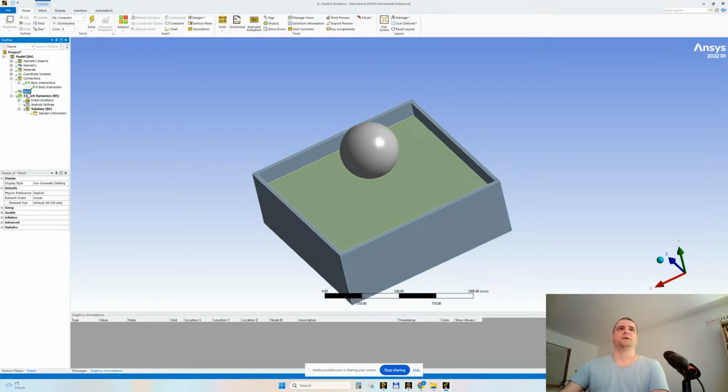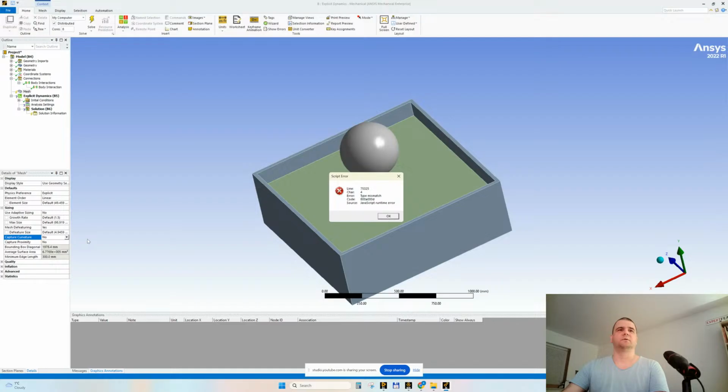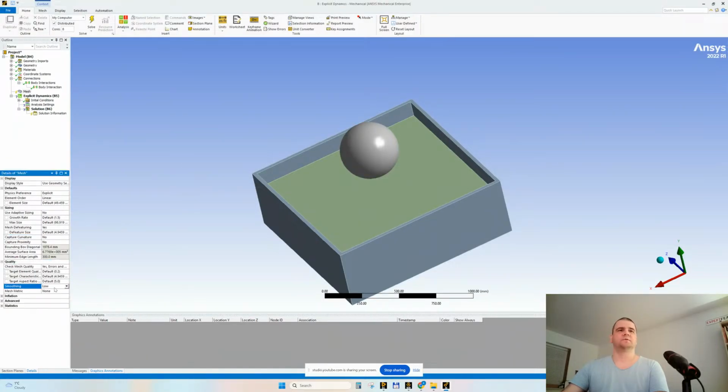All right. Let's go to capture curvature now, and the quality I choose low here in order to have a very basic, very coarse mesh. Generate mesh.